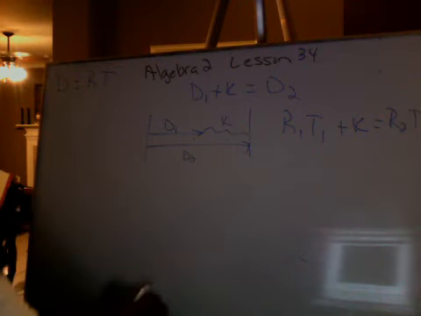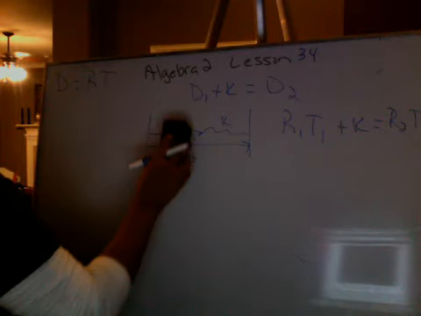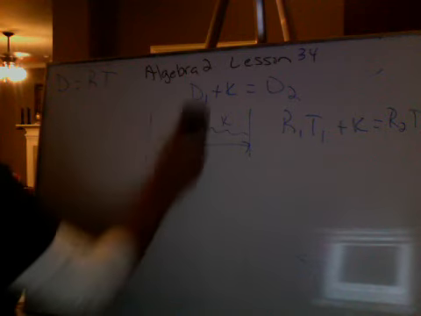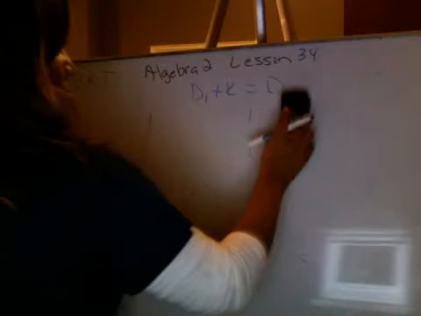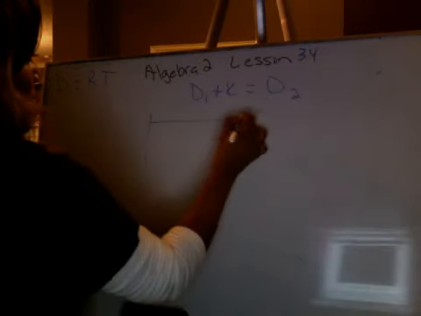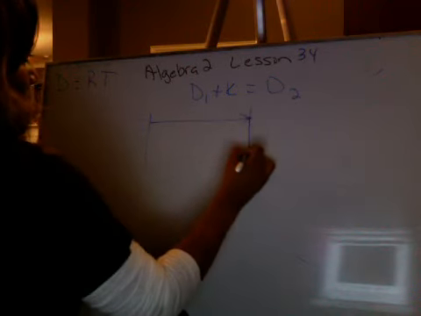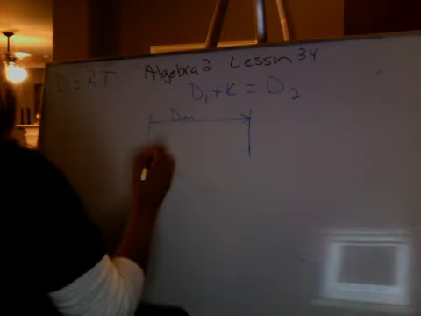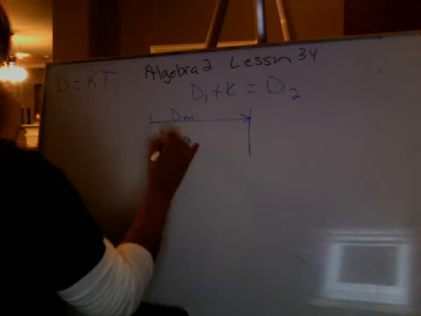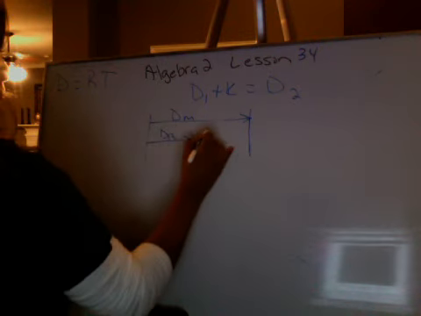So, let's change this. We're going to leave this up here as an example. So, we've got D of M and D of B, and this is 40 kilometers.